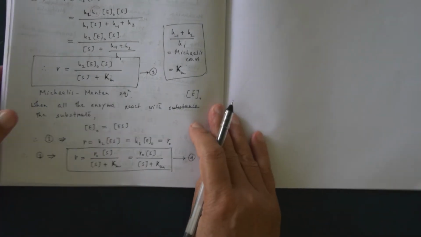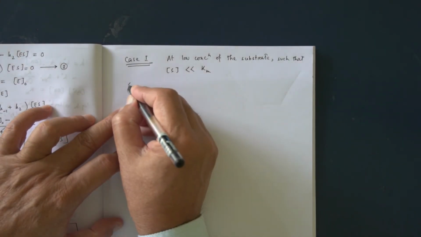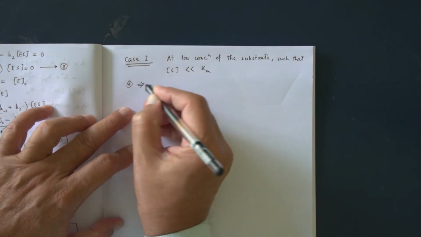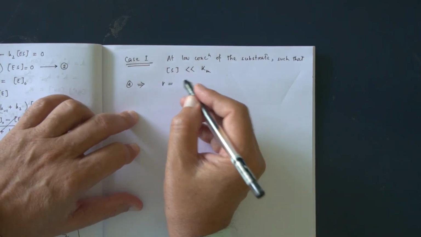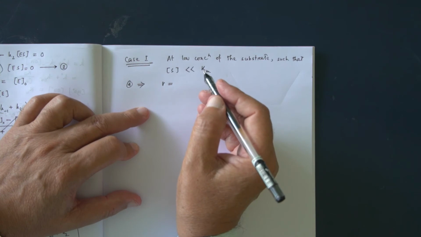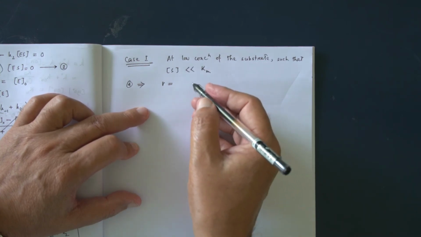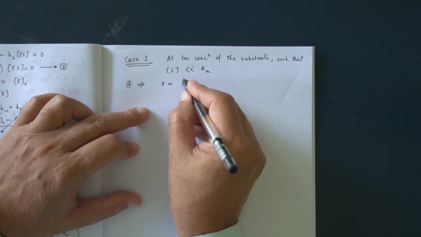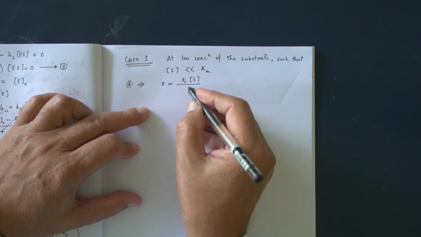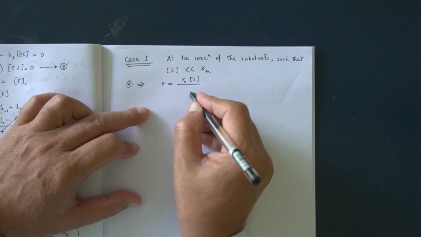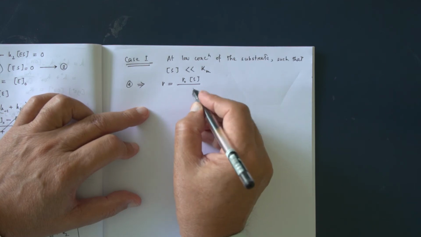In that case what we can write from 4? R equal to, we can neglect the concentration of substrate in the denominator. That means it will be equal to R naught S by Km.